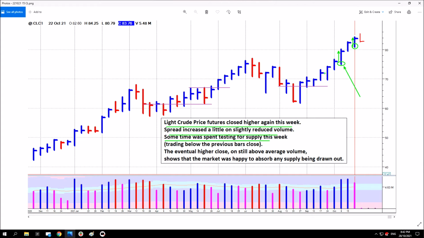Same here. You see it happens quite a lot. The market opens, it comes back, tests for supply, generally earlier in the week, finds that selling pressure is low or that the market's strong. It quickly absorbs any selling pressure that's drawn out and it pushes up in response.